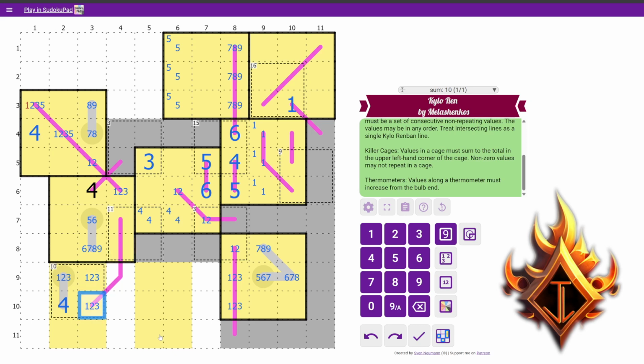So if it was 2, it would be 4. Three, 1. 7. That would work if 2 was here and that was yellow.